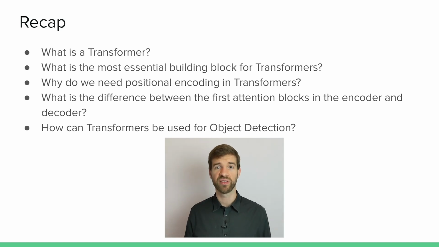You can think of it in that way, and those object queries are learned. So you have, say, 100 object queries, and then you have a maximum of 100 output predictions, and each object query learns where to look and what shape of object it should look out for.